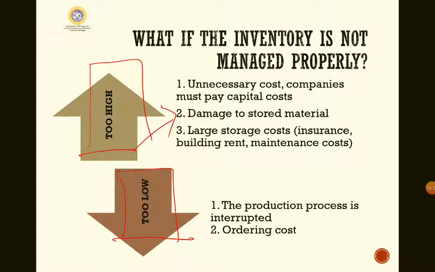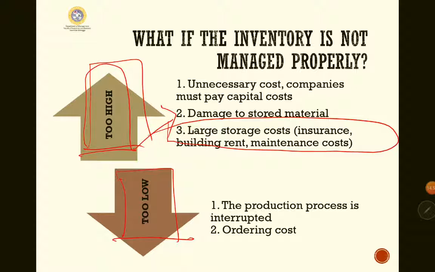Some of the inventory is not long lasting, maybe perishable goods that last just for some days, some weeks. And there are large storage costs. If the inventory is too high, you should build a large warehouse, so it could affect your costs related to storage, insurance, building rent, and maintenance costs.